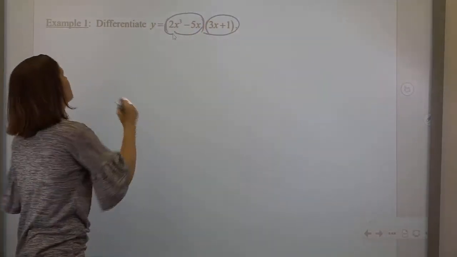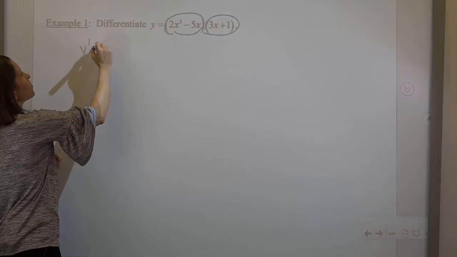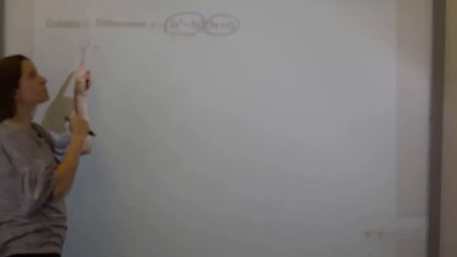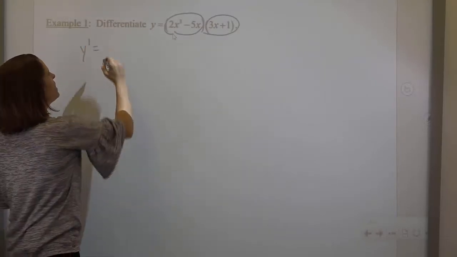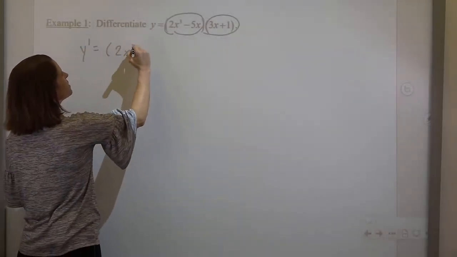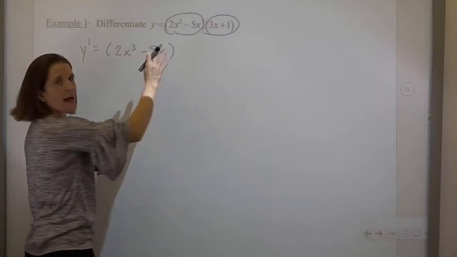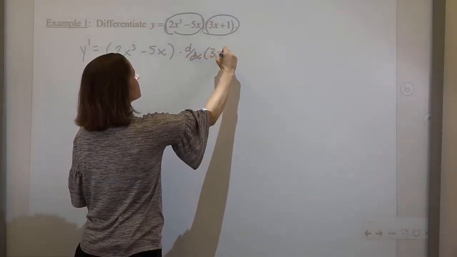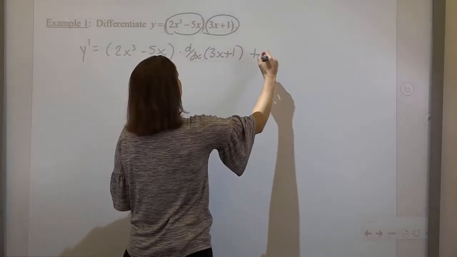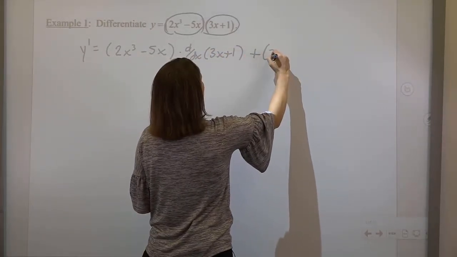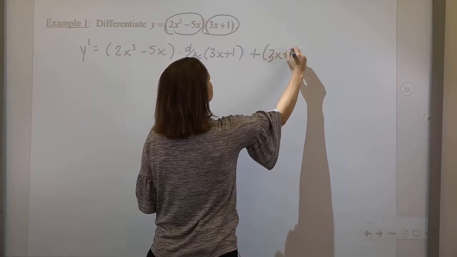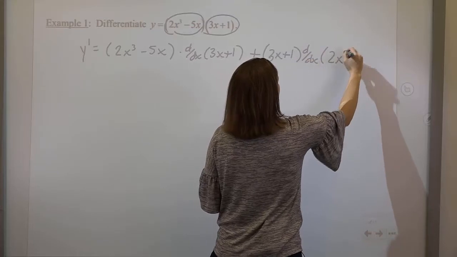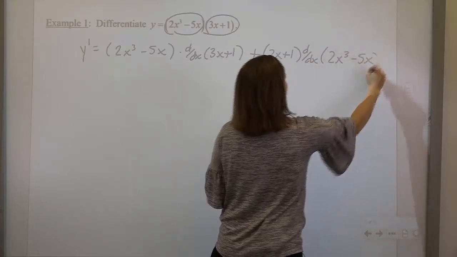Thing being multiplied together. So our derivative, when I say and write the product rule, that is me taking the derivative. So y prime is the first, exactly how it is, times I need to take the derivative of the second, plus the second, exactly how it is, times I need to take the derivative of the first. All right?